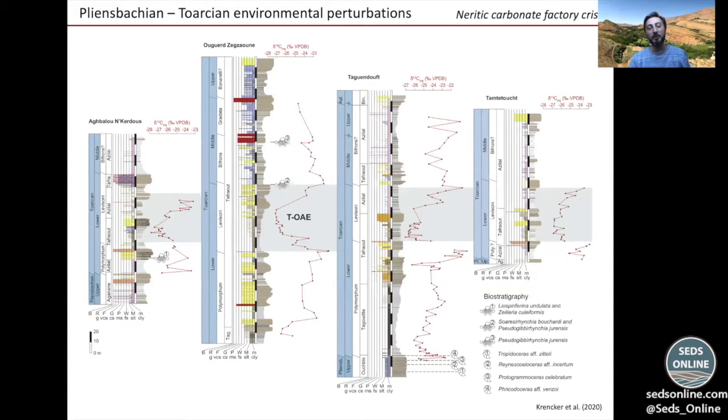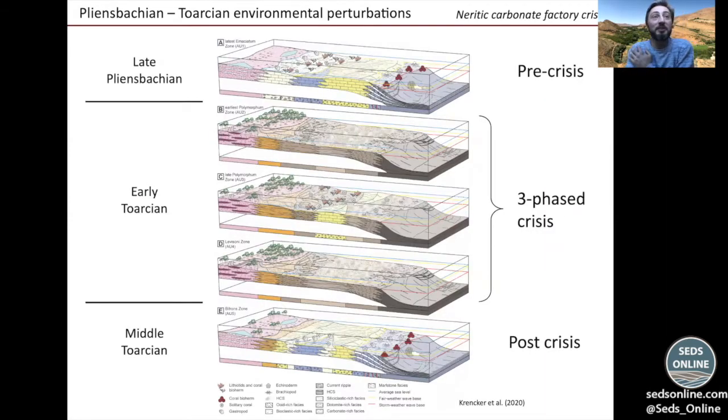So we can really go from the continent to the deep water and have a very high resolution chronostratigraphic framework. And so when we do that, we can see that around this transition from the Pliensbachian to the Toarcian, we have a complex transition in terms of the neritic carbonate factory, which I will show in a bit more detail now.